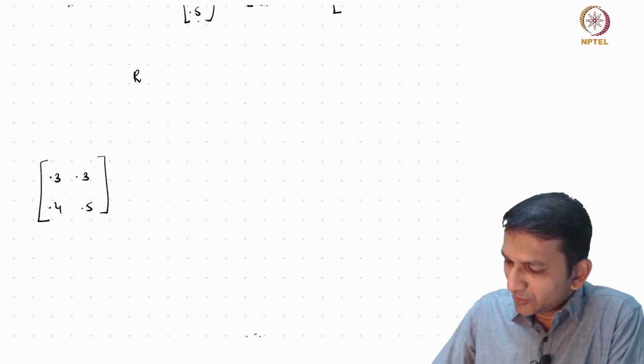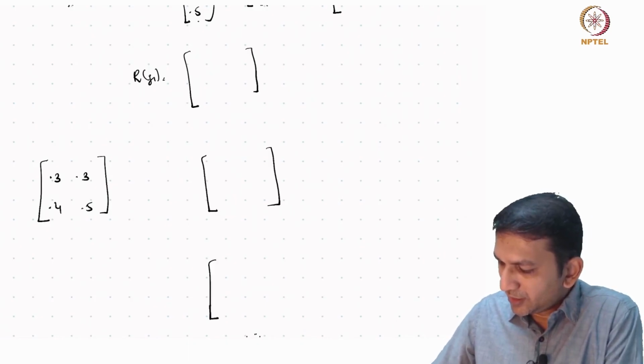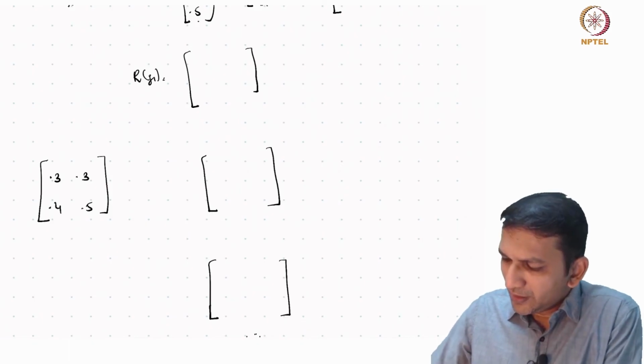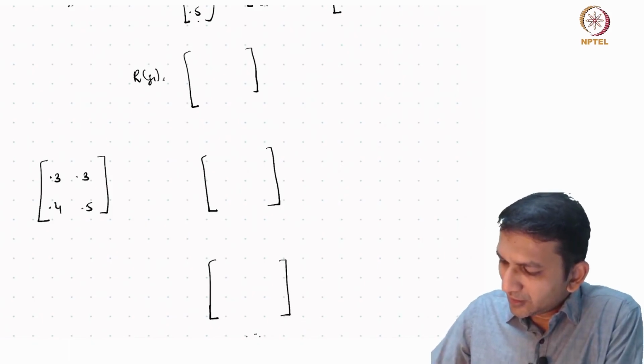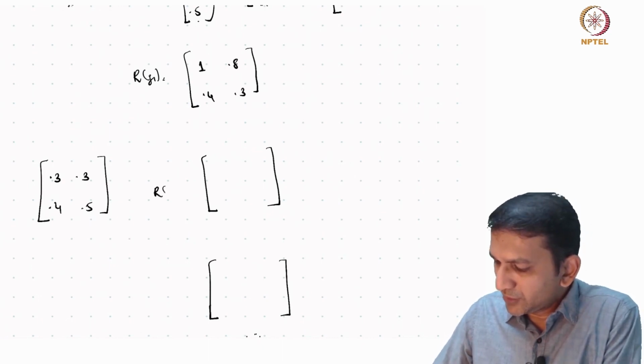So this is R of z1, R of z2 and R of z3. So let's arbitrarily fill values here. Assume that these are the ways in which we have actually obtained the relation, and the relation looks like this.